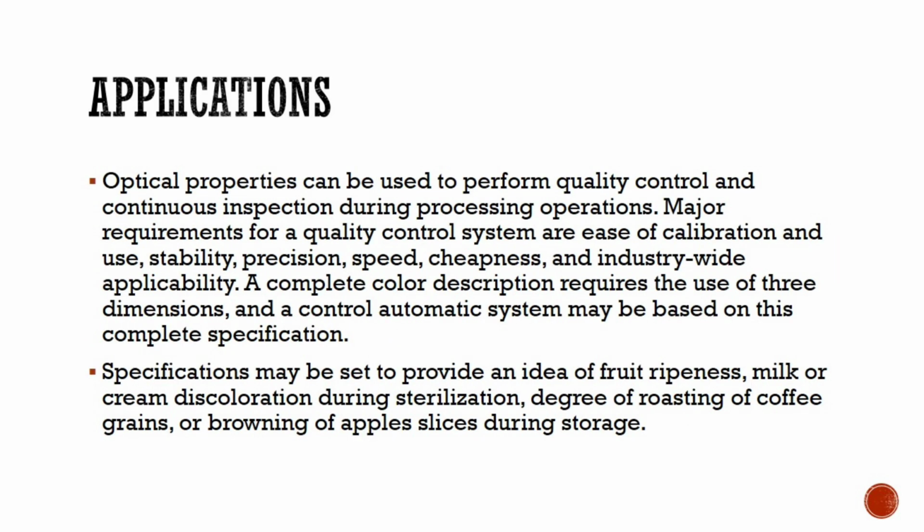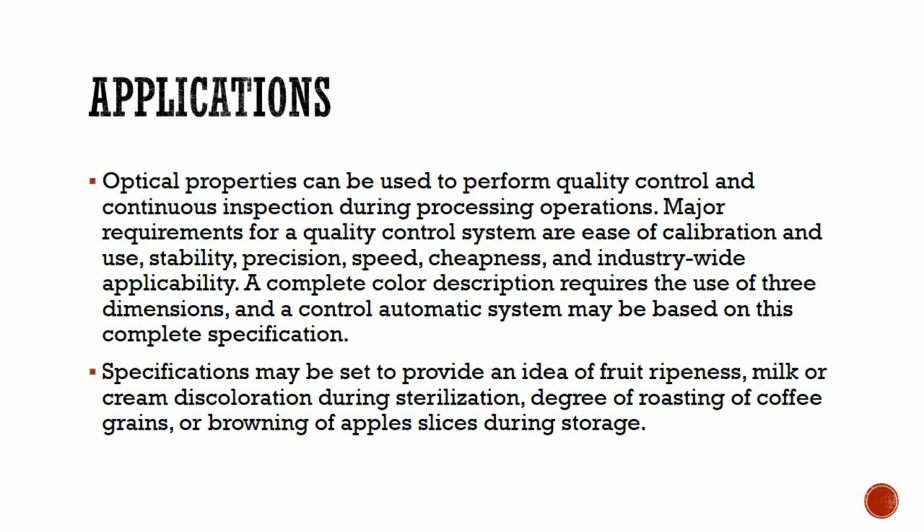Applications. Optical properties can be used to perform quality control and continuous inspection during processing operations. Major requirements for a quality control system are ease of calibration and use, stability, precision, speed, cheapness, and industry-wide applicability.